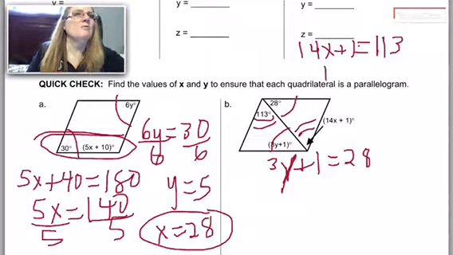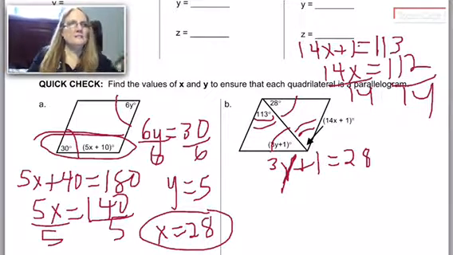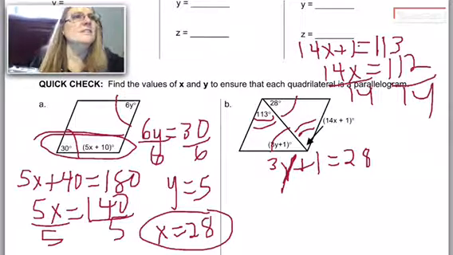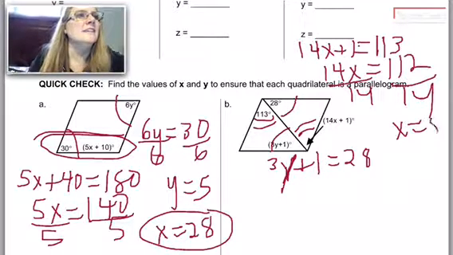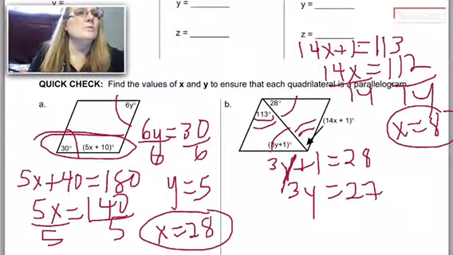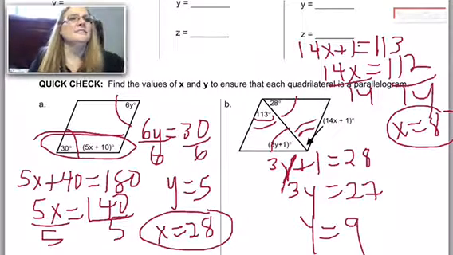So if I subtract 1 from both sides here, I get 14x equals 112, and then divide by 14. 112 divided by 14 is 8. So x is 8. And then down here, subtract 1, and I get 3y is equal to 27. So y is equal to 9.